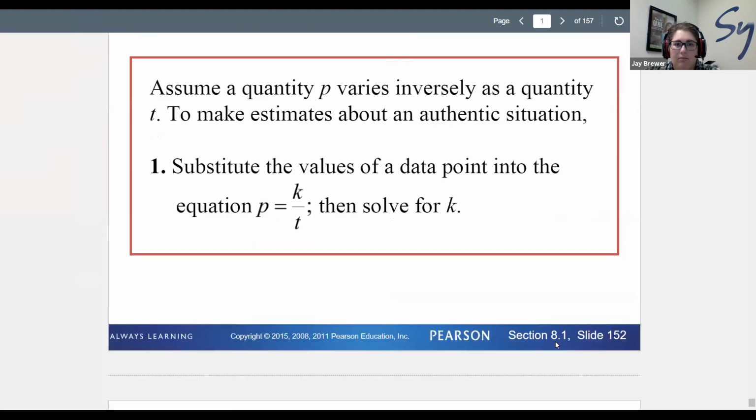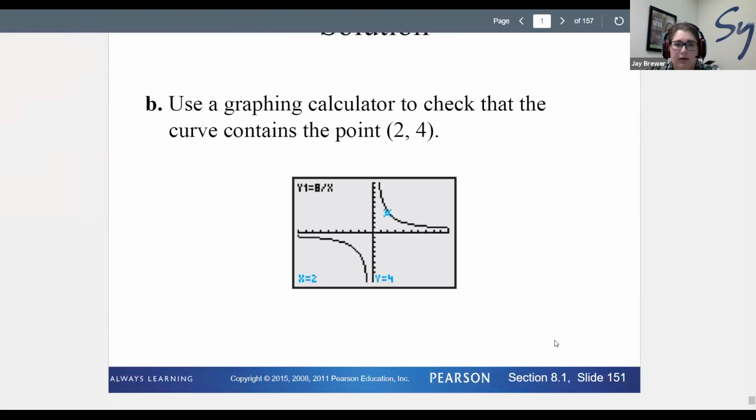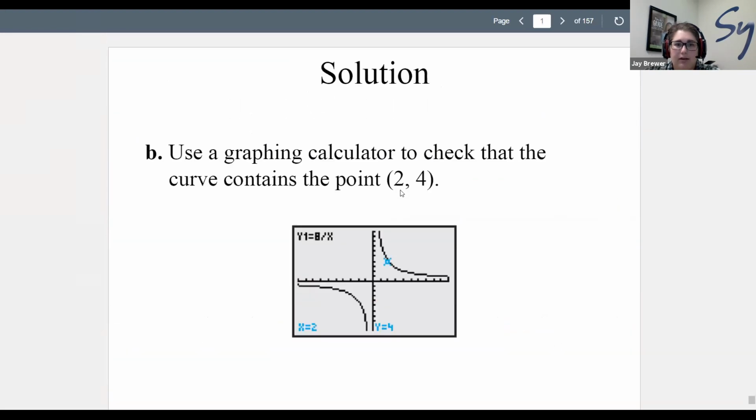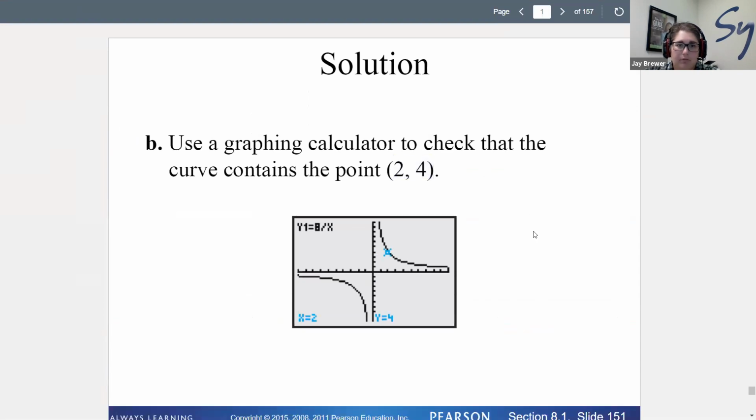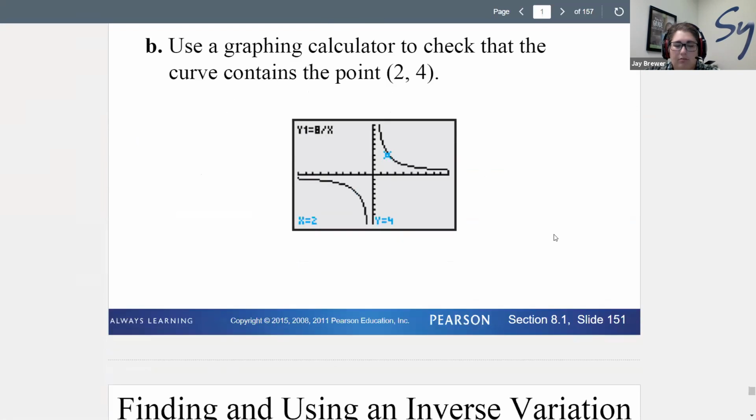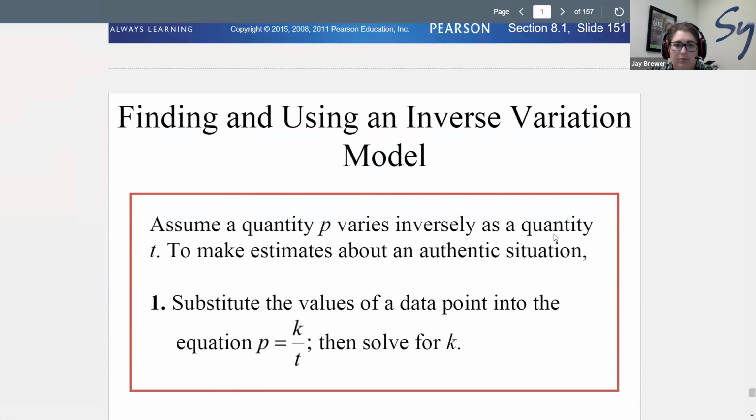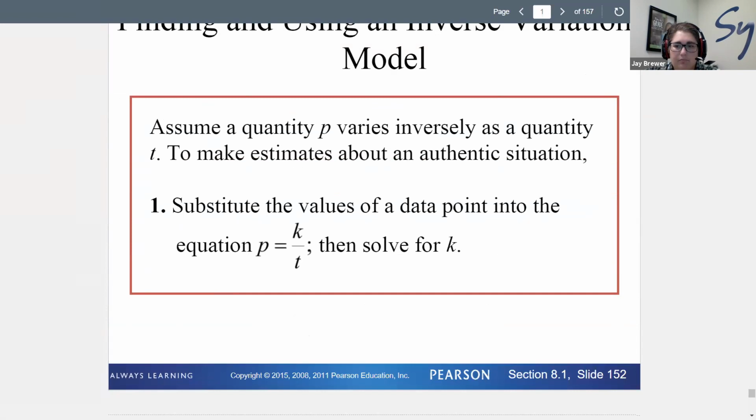If you want to verify, you're looking for the point (4, 2). You could choose to draw this by hand, use Desmos, or use your graphing calculator, but you would check for the point (4, 2). And you guys will get this as you practice more.